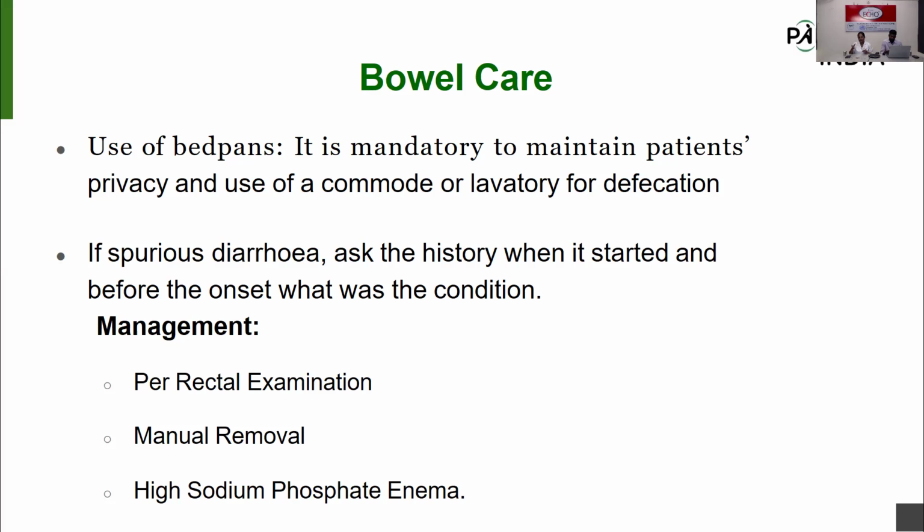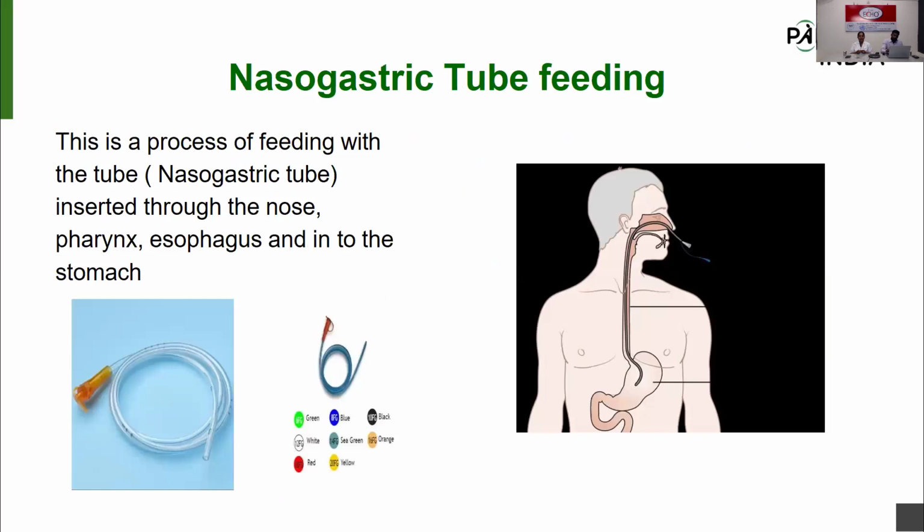At that time we can identify the finding and suggest a high enema. So when we are giving a high enema, we have to lubricate the suction tube and insert it till it reaches the transverse colon, with almost the whole length of the tube going inside, and then we give two sodium phosphate enemas, right?